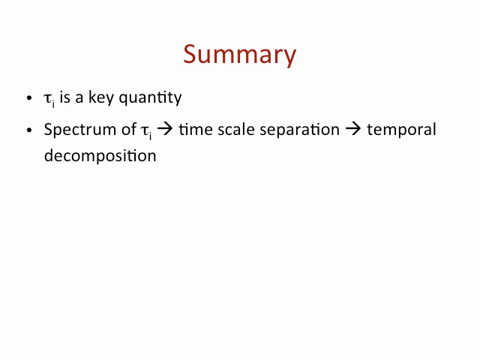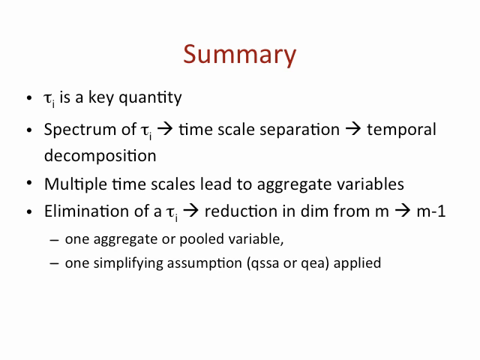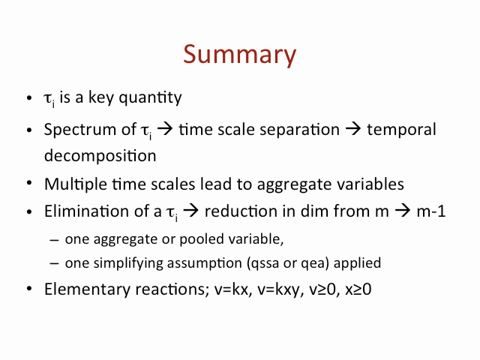So to summarize, the time constant is a key quantity. A spectrum of time constants leads to timescale separation and temporal decomposition. Multiple timescales lead to aggregate variables. Eliminating time constants leads to reduction in dynamic dimensionality and therefore to pooled variables.